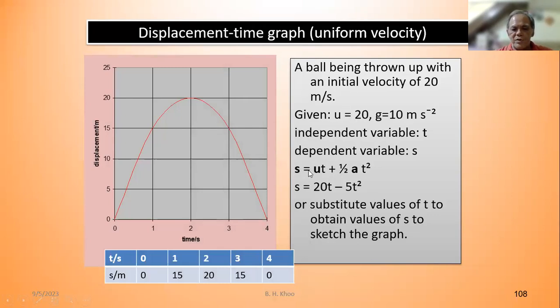Okay, there's our equation of motion. Choosing upwards as positive, so there should be a negative sign here. We put in our value for 20 here, t, minus 10 divided by 2 is 5. So roughly we can sketch the graph. Right? If we don't know how the graph looks like, you can put in values and then roughly use graph paper to sketch it so that you know how the shape looks like.